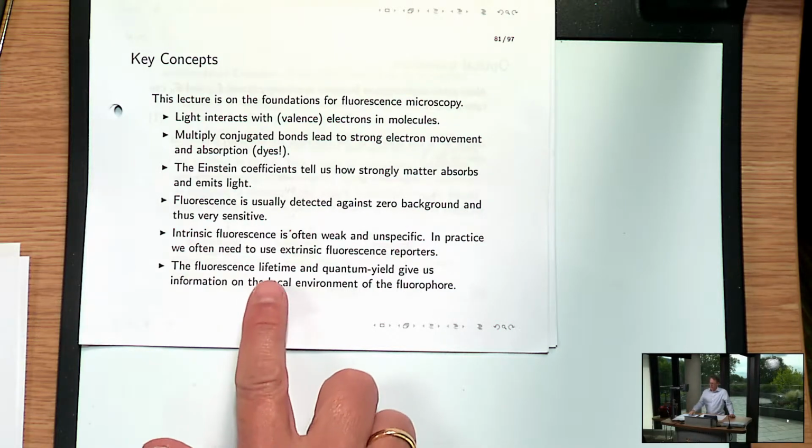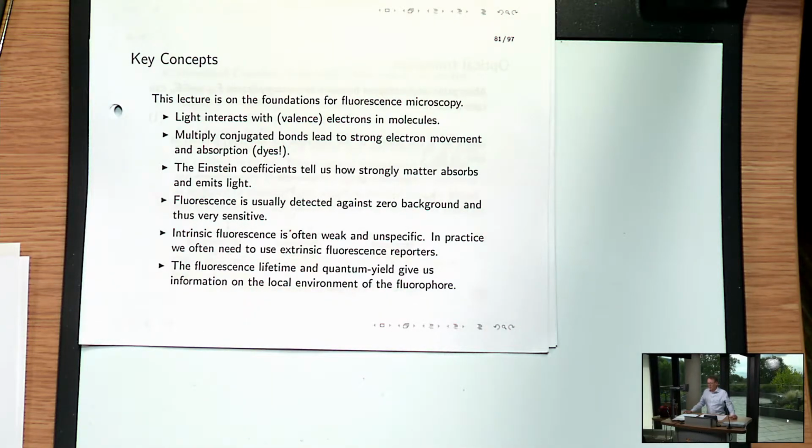And finally, the two concepts of the fluorescence lifetime and the quantum yield are covered in this lecture, and you will see that through these parameters you will see why fluorescence is dependent on the local environment that a molecule sits in, resides in.